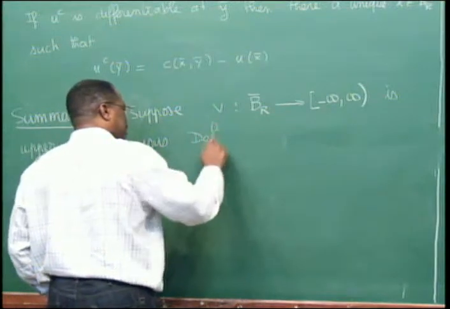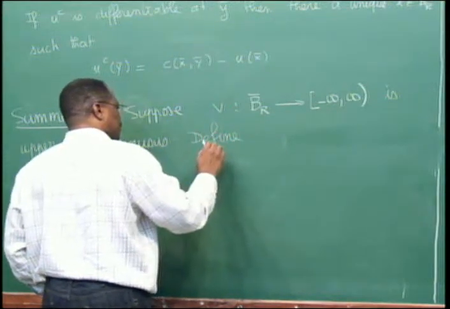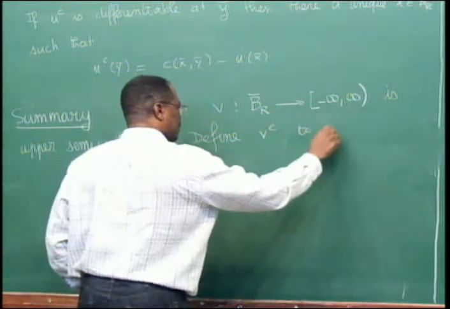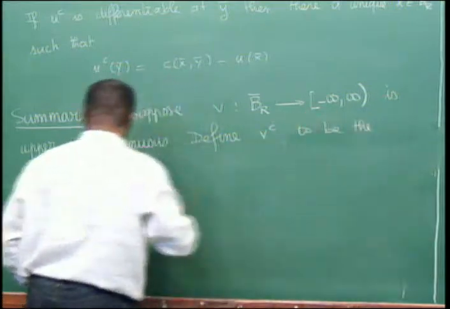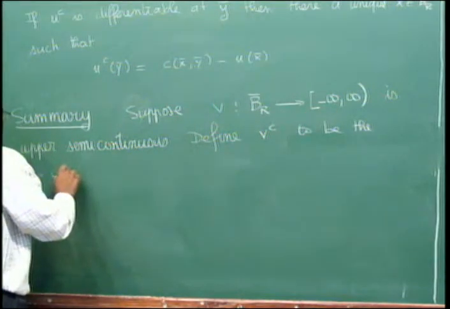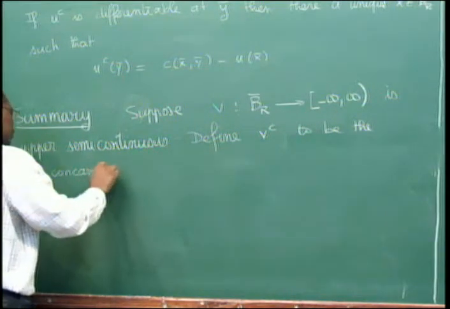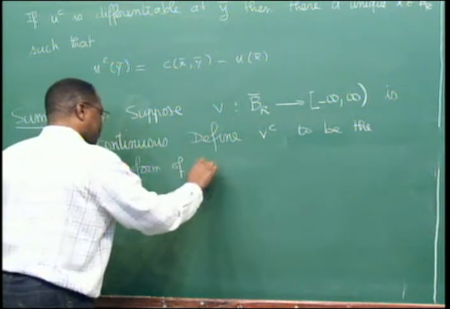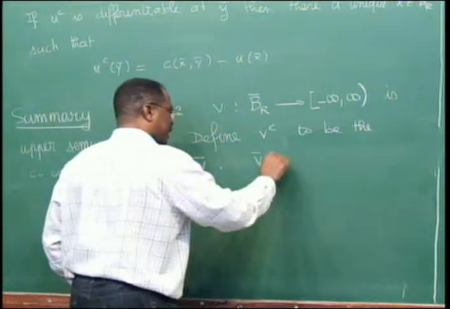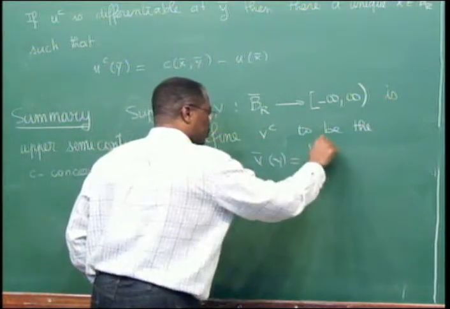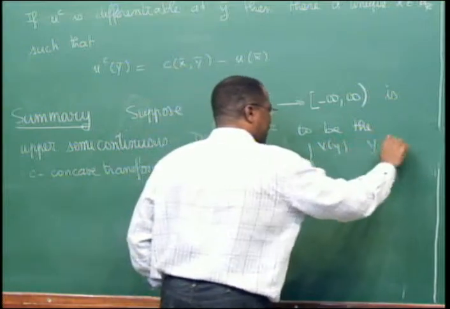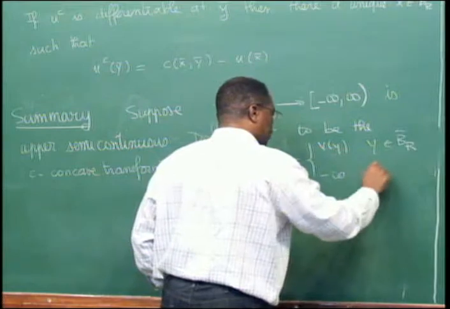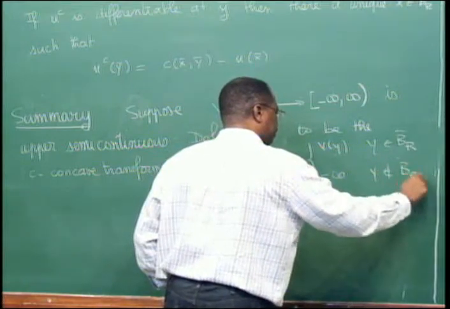Define VC to be the C-concave transform of V bar, where V bar of y equals V of y when y is in the ball, and equals negative infinity when y is not in the ball.